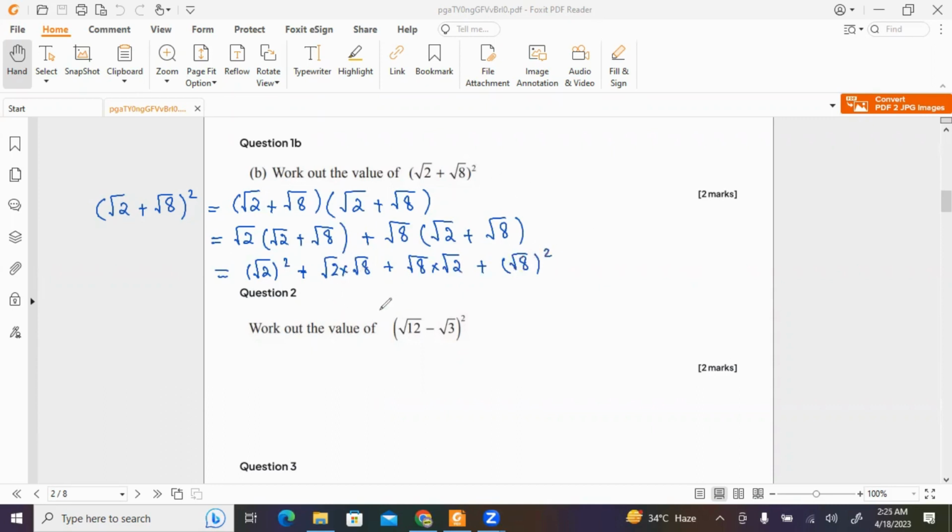Now, root 2 times root 8 or root 8 times root 2 basically represents the same thing. And square of the root is the number itself, so it's going to be 2 plus. Now, when you're multiplying roots, we just rewrite this as a single root and times 8 by 2.